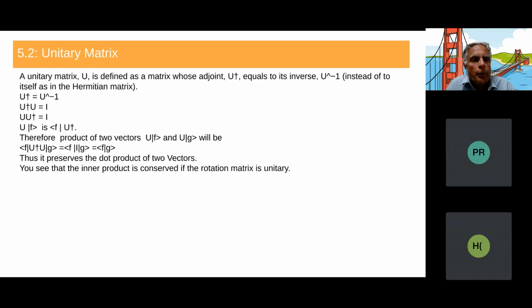So by definition, a unitary matrix is a matrix whose conjugate transpose is equal to its inverse. Multiply them either way and you end up with an identity matrix.